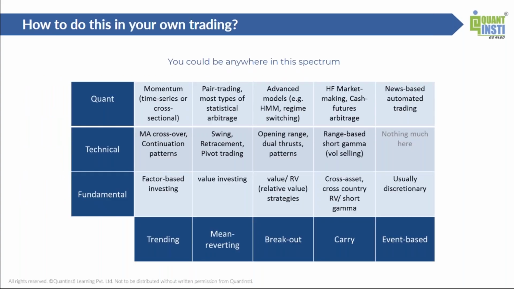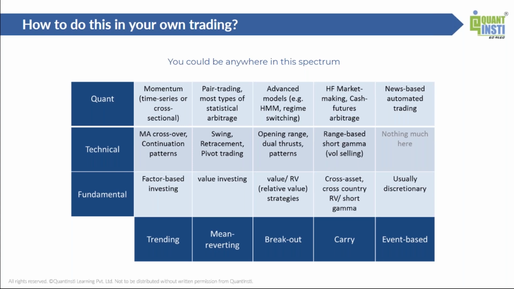So the answer is there are tons of strategies. I just gave you some research papers which are on SSRN, some ideas, and apart from that, you can actually think yourself in any of this rectangle or in multiple rectangles. On the x-axis, you can see there are different styles, which is trend following, mean reverting, breakout, carry, and so on and so forth.